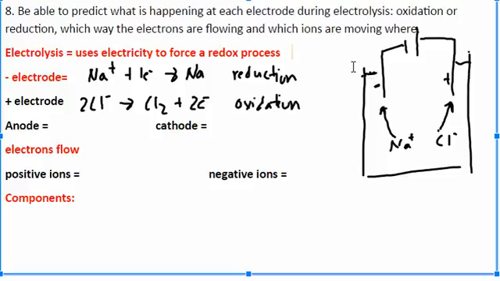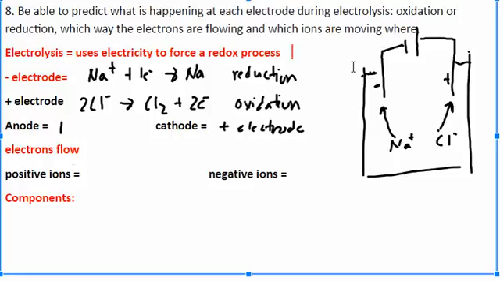So the cathode, I know, is always where oxidation takes place. So now the cathode is the positive electrode, or in this case, the chlorine, and the anode is the negative electrode. I'm sorry, I got that backwards here. The anode is where oxidation takes place.